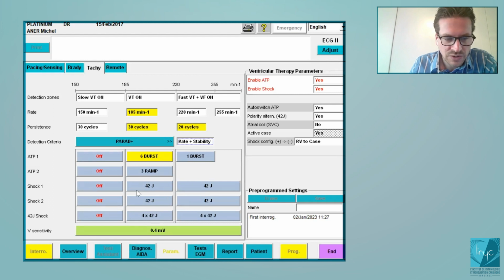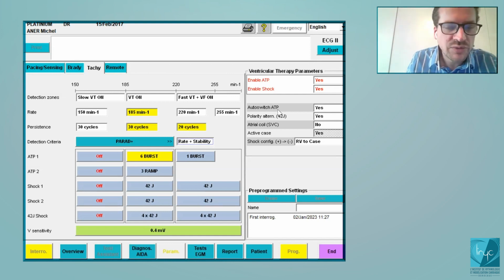So we don't like to see 10, 20 joule shocks anymore. So here there are some more things you can program. Of course, if you're doing the box change, or MRI, this is important to check. So this is the activation of the therapies, both ATP and shock. Auto switch ATP, more and more companies have this.